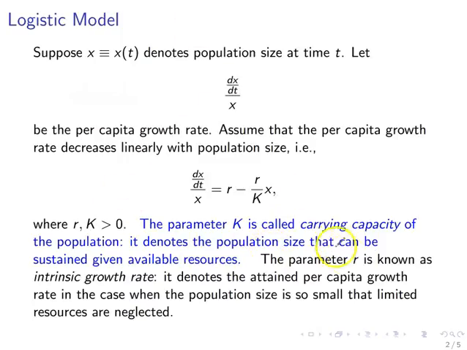And then the other parameter r is known as the intrinsic growth rate. Okay, so if we could ignore this term here, we could just simply drop that out of the equation and leave that as r. So what we have there, if we were going to drop that out, we'd have something like x prime equals r times x, where r is a constant.